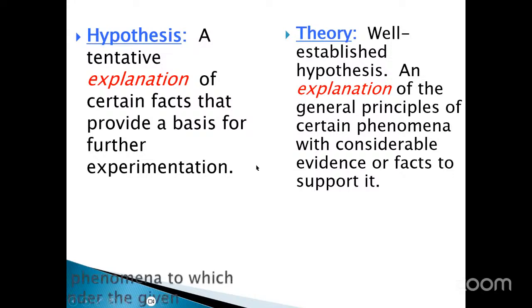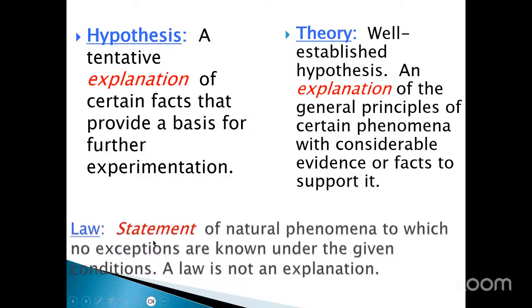And then we need to make a distinction between these two and what is called a law. The law is basically a statement of what we observe, right? For example, there's one law that you're going to meet later on in chapter 30, Boyle's law. Boyle's law talks about the relationship between the pressure exerted by a gas and the volume.